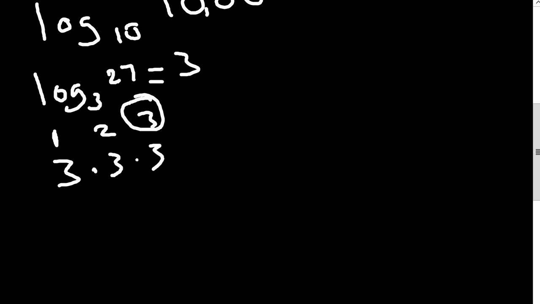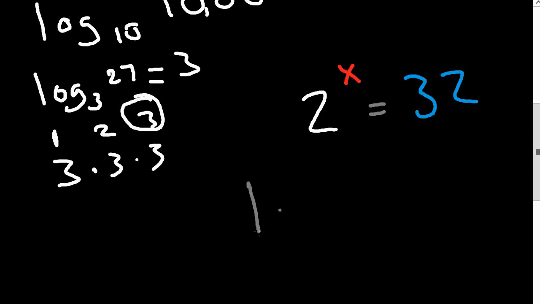Let's do one more. And I'm going to write it differently this time. You'll see what I'm doing in a bit: 2 to the x is equal to, let's say, 32. How can we write this in the form of a logarithm to find x? So here we would say logarithm, and what are we trying to find?